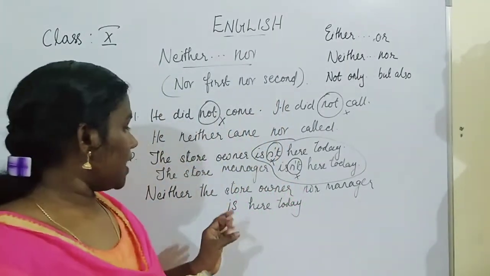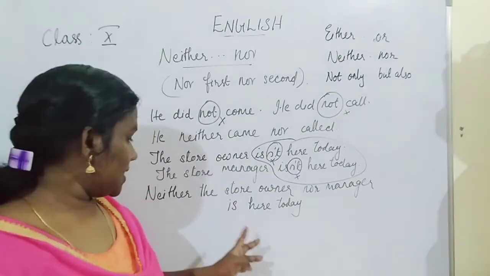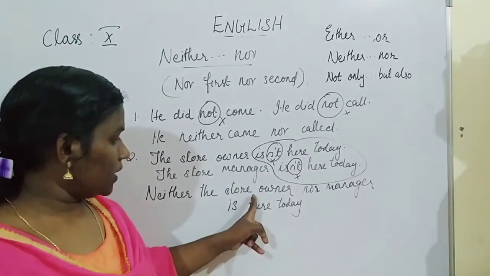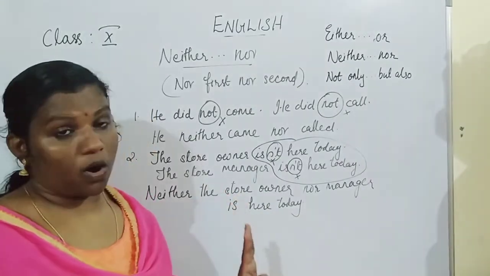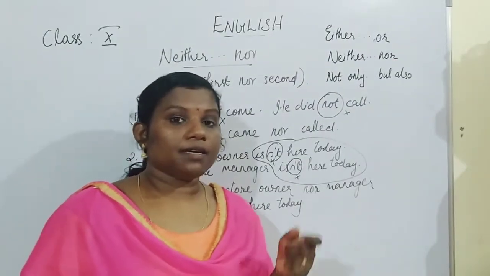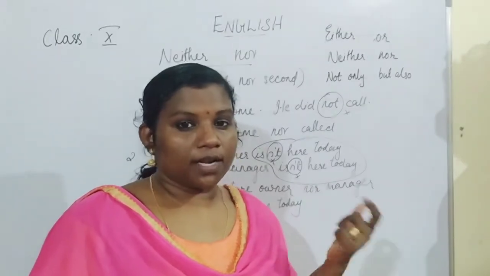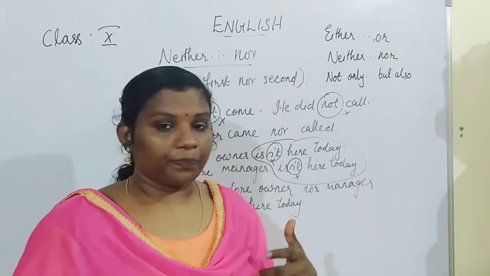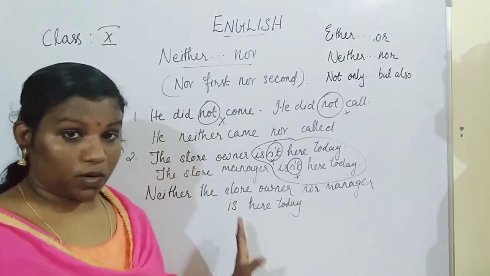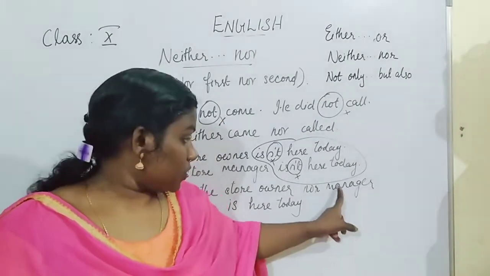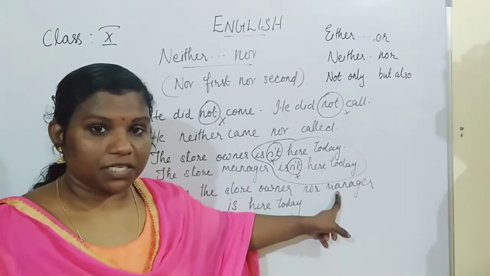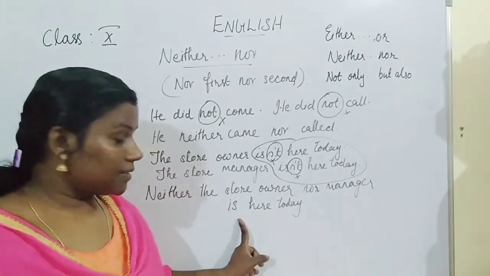But here actually, what's the meaning of this sentence? Here we are focusing on one person, the store manager, not the store owner. So when we are combining with neither nor, either or, how can we write this verb? It will depend upon the closest subject. So here the closest subject is manager, and is.